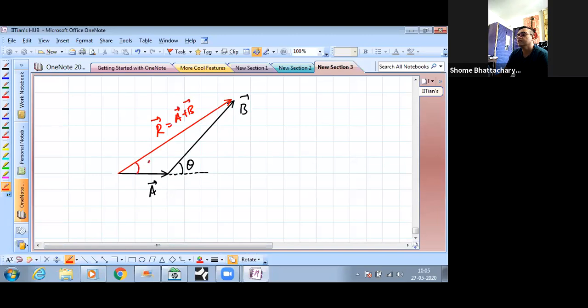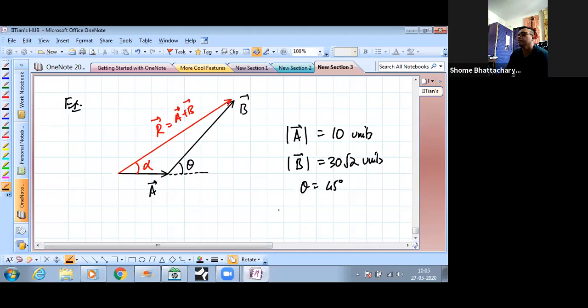So if this angle is alpha, and the magnitude of vector A is 10 units, magnitude of vector B is 30 root 2 units, and theta is equal to 45 degrees, then find alpha.